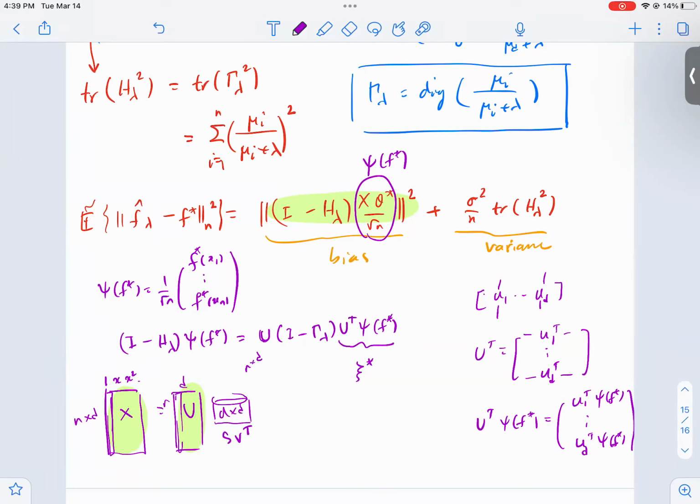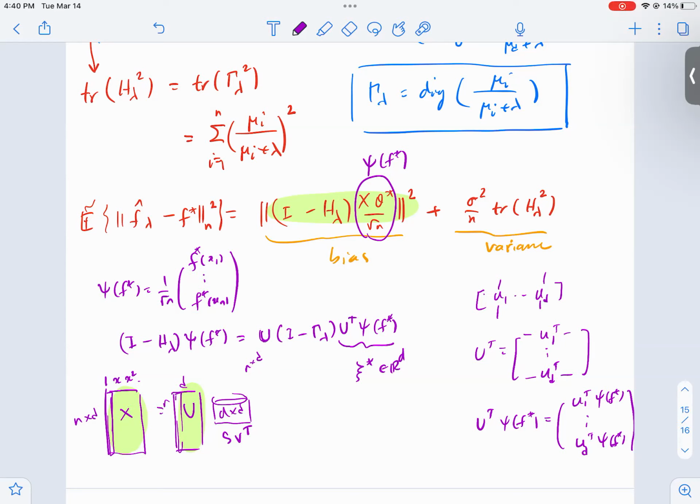So this has a lot of meaning. This quantity that I define, C star in R^d, tells me exactly which of these eigenvectors contribute to constructing F star. So for example, if C star 1 is very large and the rest are close to zero, the first eigenfunction, or the first U, matters.